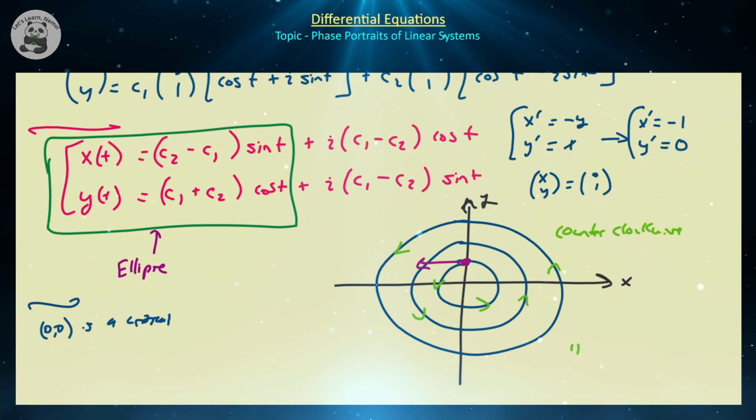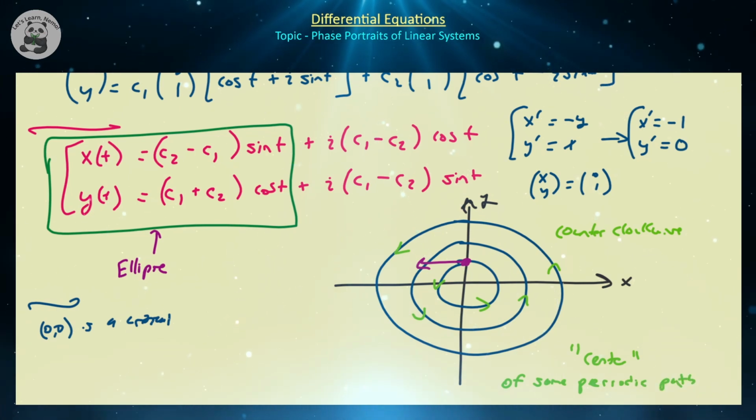So this is not a spiral, it's not a saddle. This is what we refer to as a center. Fair? So it's a center of some periodic path. It could be an ellipse, it could be a circle, and for the nonlinear case, it's just going to be some closed path with some center and some realm of realisticness in the middle of it.